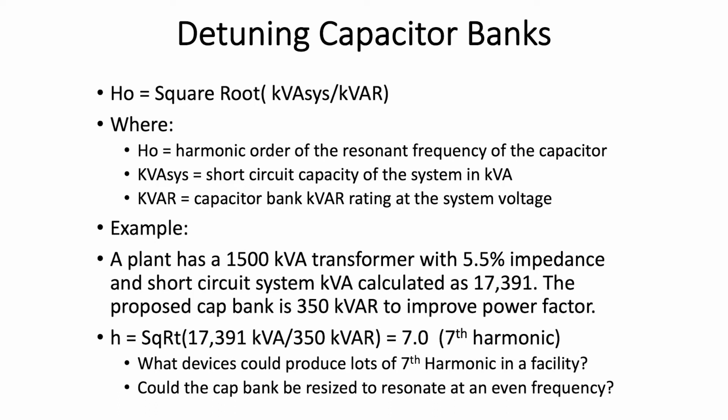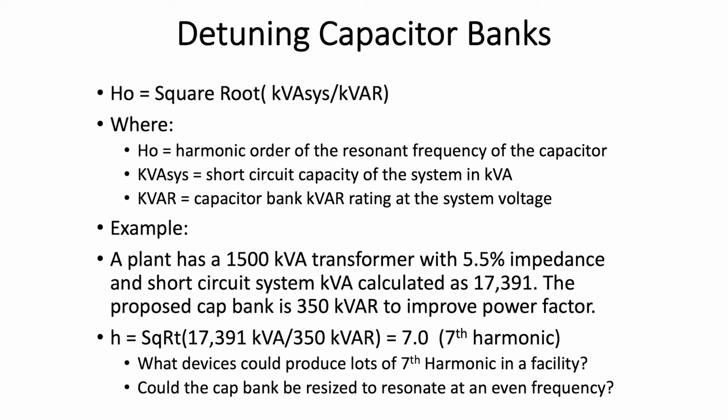So in my example, we have a 1500 kVA transformer with a 5.5% impedance and a short circuit kVA calculated as 17,391 amps. So if there was a direct fault on that transformer, it can deliver 17,391 amps through that fault, at least until an overcurrent device somewhere clears the fault.